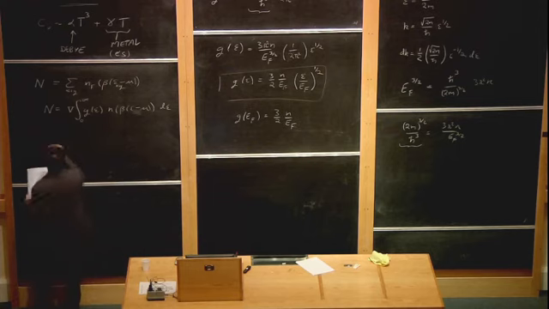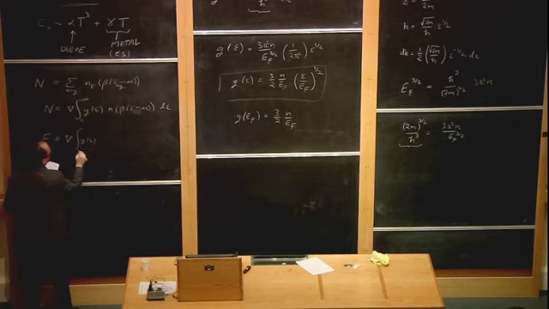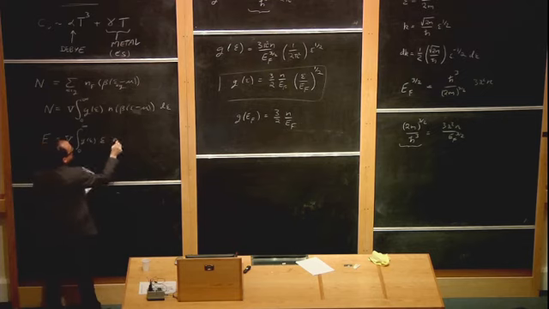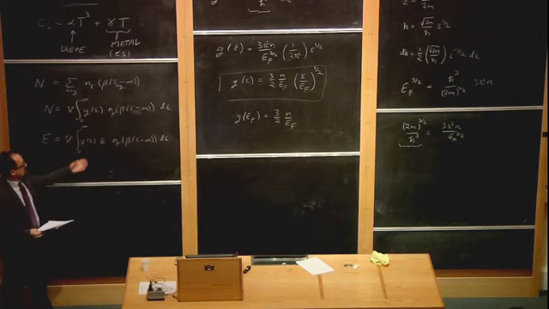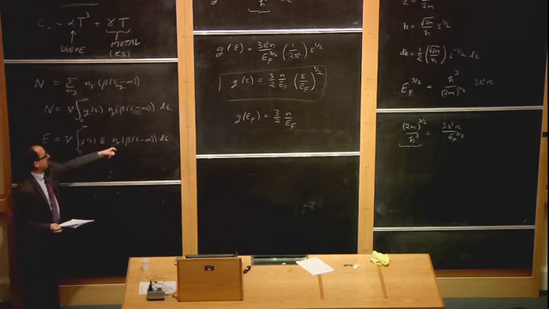Once you had the chemical potential, you could write an expression for the energy in the system: again an integral over all states, but now you integrate the energy times the probability that a state is filled. So instead of just counting the particles, you count the particles times their energy to get the total energy in the system.